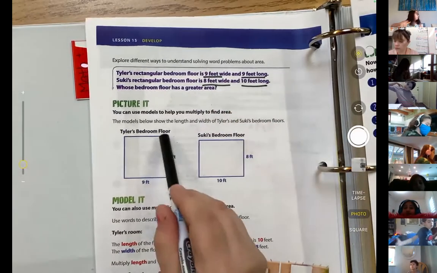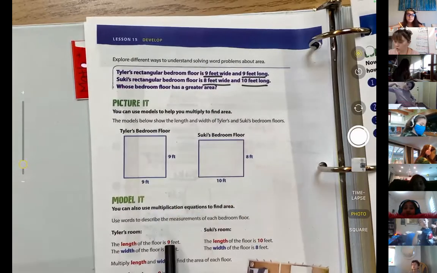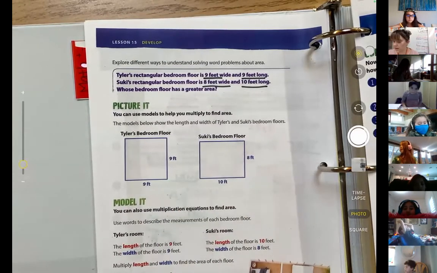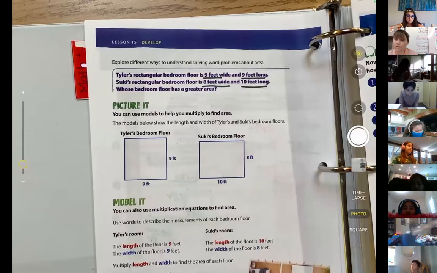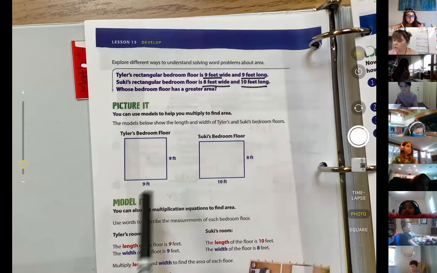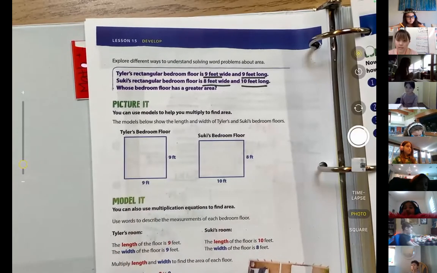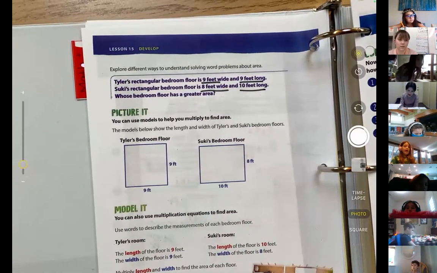You don't have to draw this square if you could just write out the numbers, okay? So you could just do 9 times 9, 10 times 8, and solve from there. So this is two ways to do exactly what we just did on the other page. You can draw a picture and then multiply, or you could just multiply the numbers.